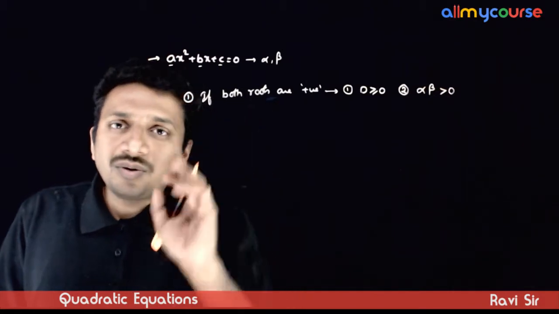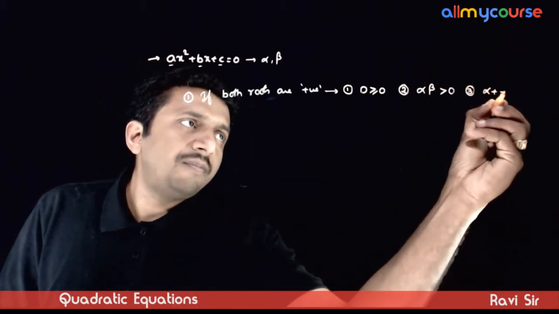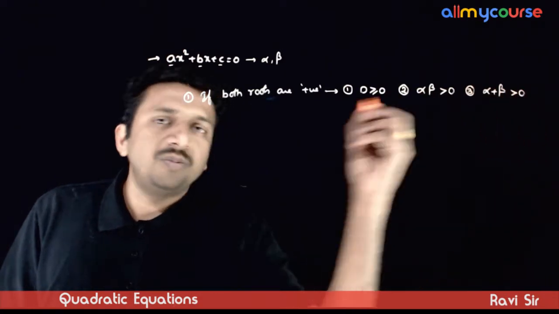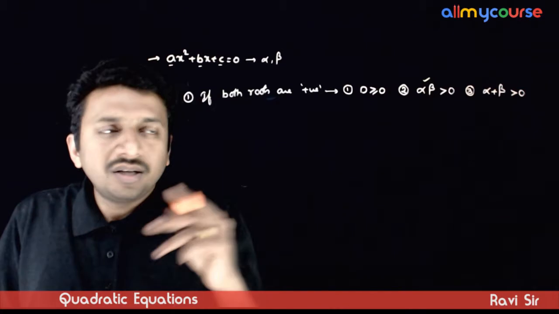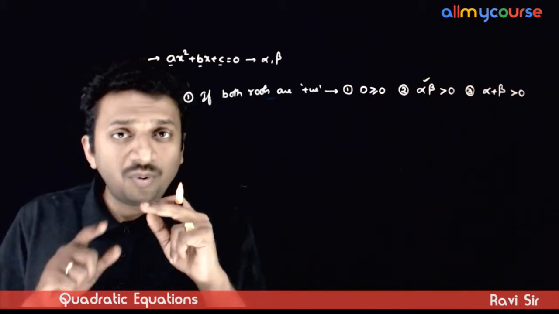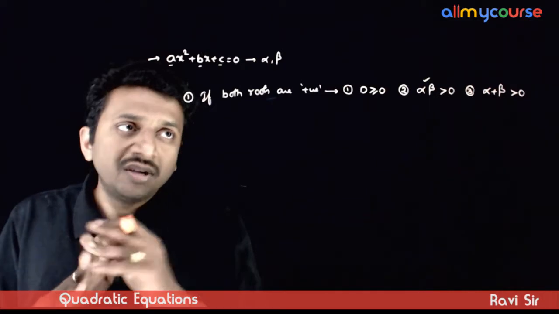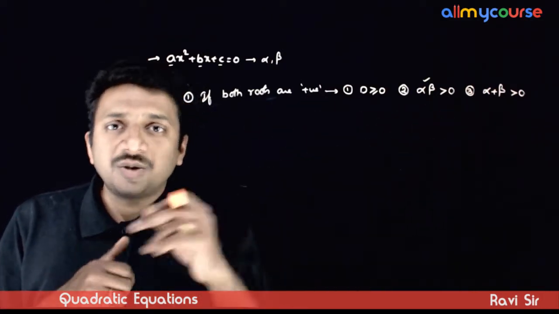Now I want both roots to be positive, so along with this, alpha plus beta also has to be greater than 0. So this condition ensures that both the roots are of same sign. That means either both are positive or both are negative. But I want both to be positive. So alpha plus beta also has to be greater than 0.